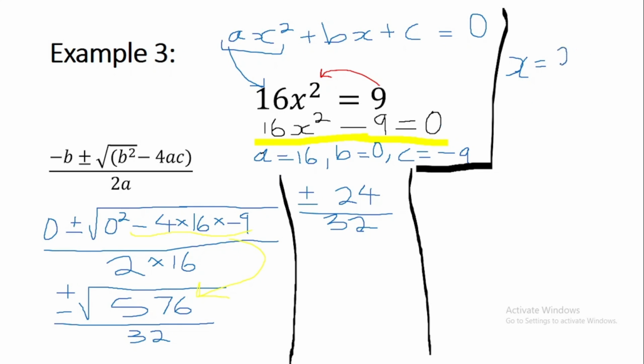So that's going to be plus 24 divided by 32. We could simplify if we want, or we could just simply divide. So 24 over 32 is going to be equal to 0.75, and that's a positive 0.75 because the 24 right there is positive. So x is going to be equal to 0.75.